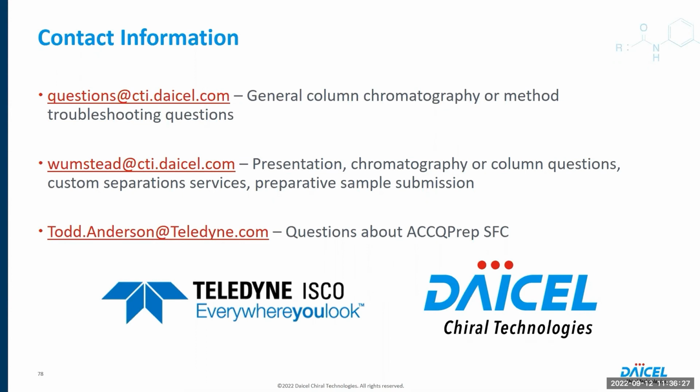So it looks like we don't have any questions right now, but we did have one earlier this morning, which was actually a pretty good question. Somebody asked why we don't do scouting with the columns in basically a gradient format, which is perfectly fine if you're doing achiral purifications. But as Wes noted earlier, if we do a gradient scout or do screening with a bunch of different gradient runs, that's great.